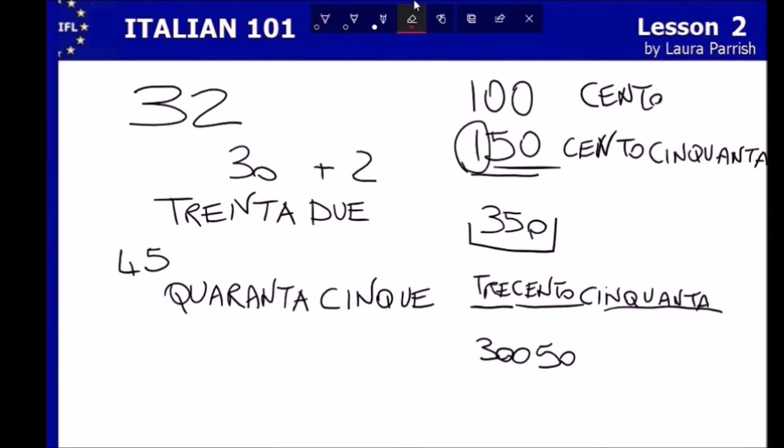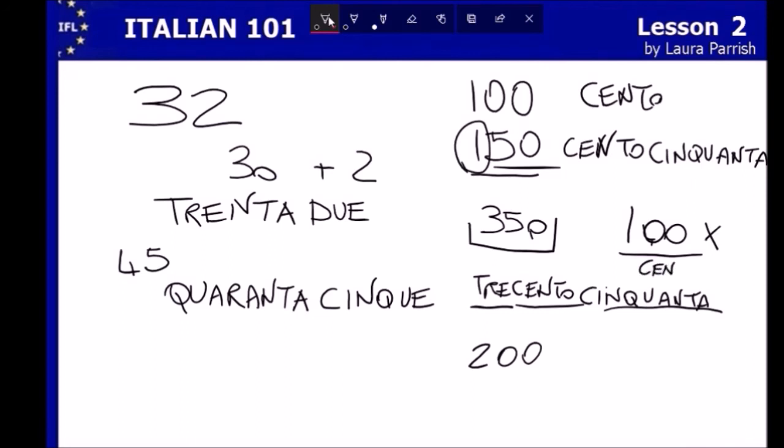The number 100 in Italian doesn't have a plural. So in English, this will be 100, this will be 200. In Italian, instead, this is cento, and this is duecento.